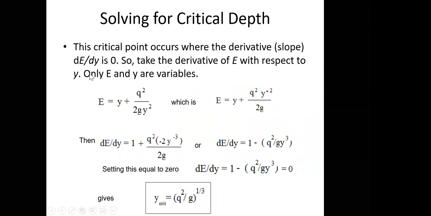So the critical point occurs when the slope of dE/dy is equal to 0. So we can just take the derivative of E with respect to y, where E is equal to y plus q squared over 2g y squared. Then dE/dy is equal to this, and this is equal to 0.